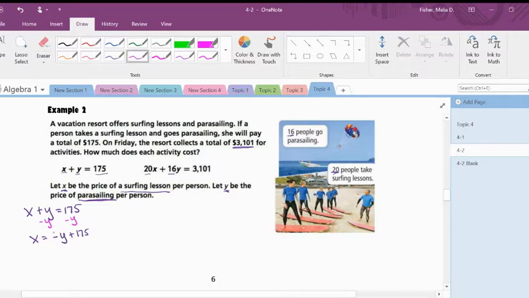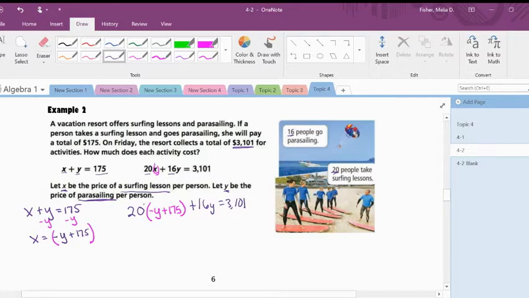Now I can take this amount and plug it in where the X was in the second equation. So we'll take the 20, and instead of X, we're going to plug in negative Y plus 175. We're substituting for X. And then we have plus 16Y equals 3,101.